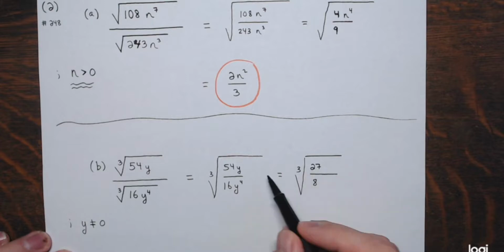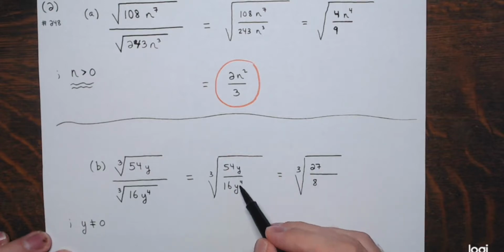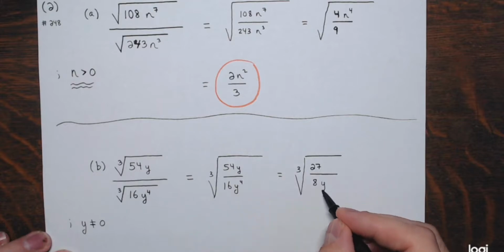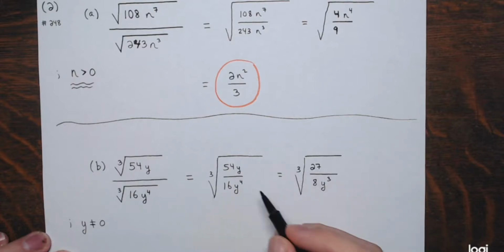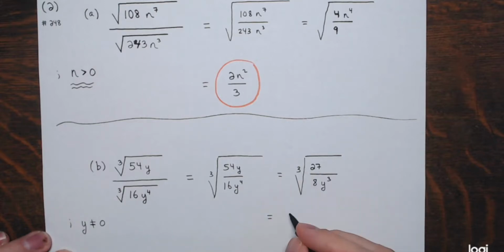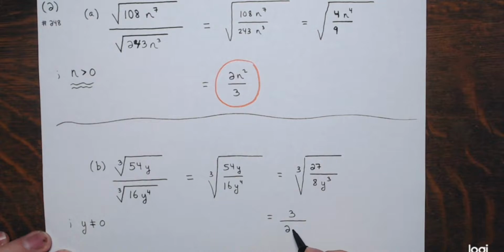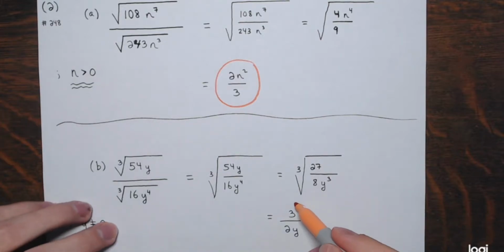That's 54/16 reduced. And then y over y to the 4th, you'd end up with y to the 3rd in the denominator, because one of the y's would cancel. Then I can split it up again. Cube root of the numerator, cube root of 27 is 3, and the cube root of 8y cubed would be 2y. So 3 divided by 2y is our final result here.